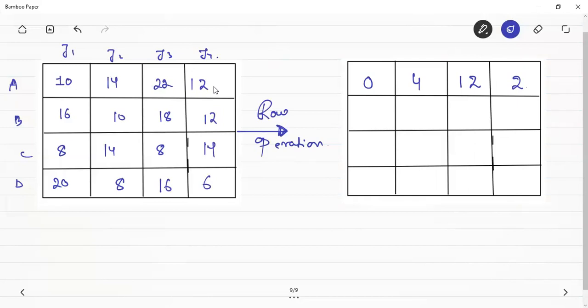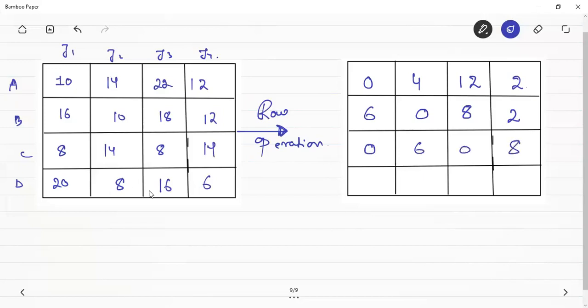Similarly, if we are looking at the second row, the least entry is 10. 16 minus 10 is 6. 10 minus 10 is 0. 18 minus 10 will be equal to 8, and 12 minus 10 will be equal to 2. This is the row operation. Similarly for row number 3, we will have 0, 6, 0 and 8.